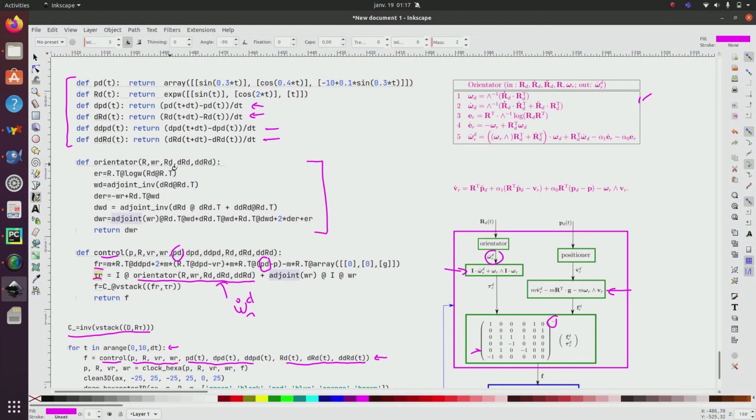Again, I need the orientation and the derivative. The positioner given here exists inside this line. So if you prefer, this line here corresponds to a fusion of this and this.